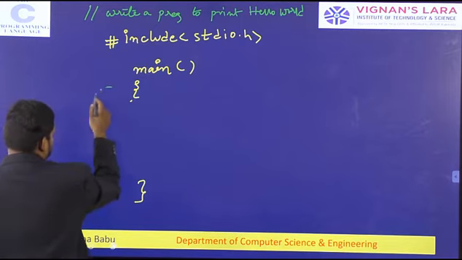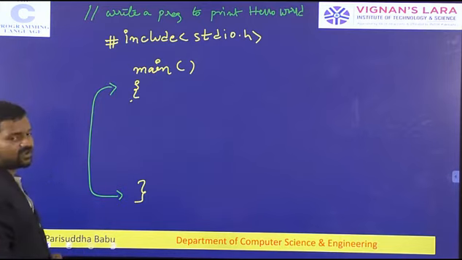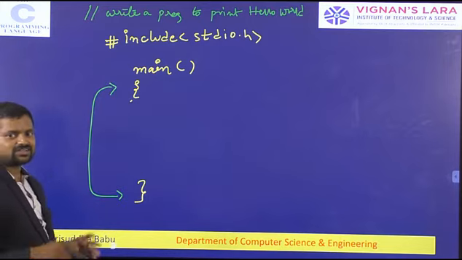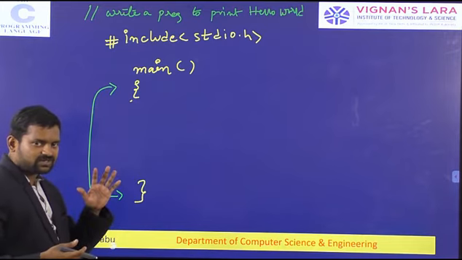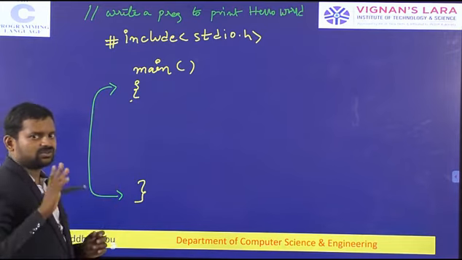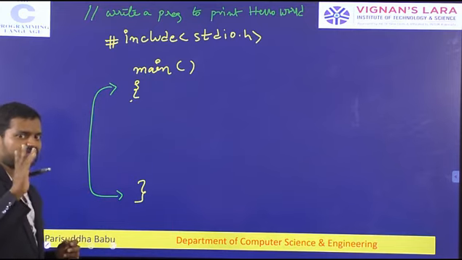Whatever instructions you write in between the open and close curly brackets, only those instructions would be executed. Every C program has only one main. The execution starts from main only.